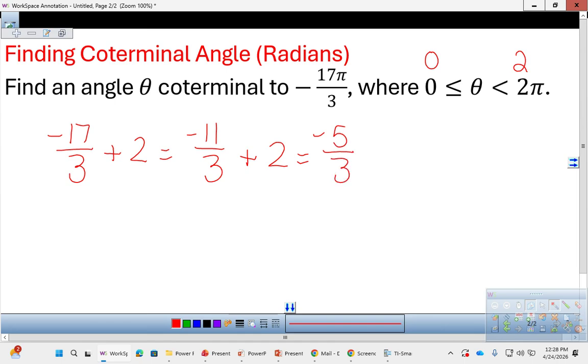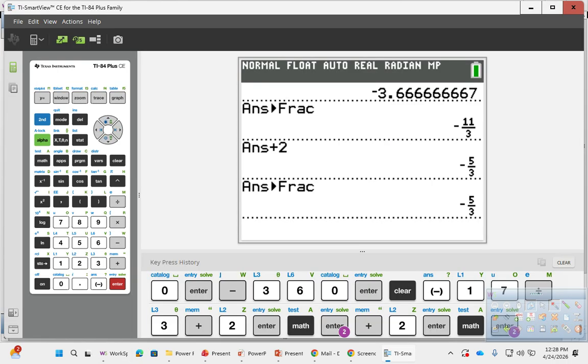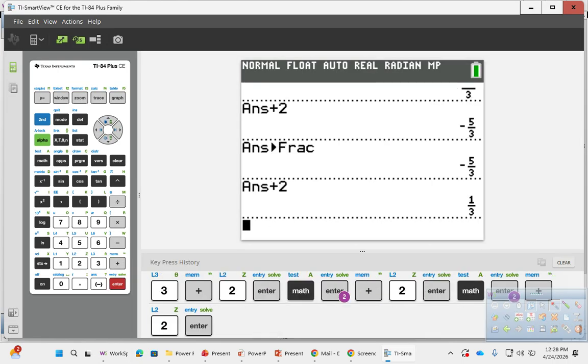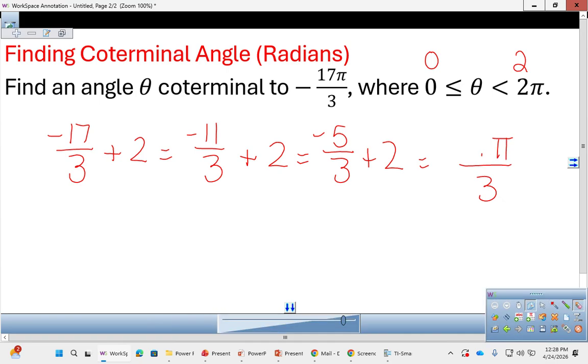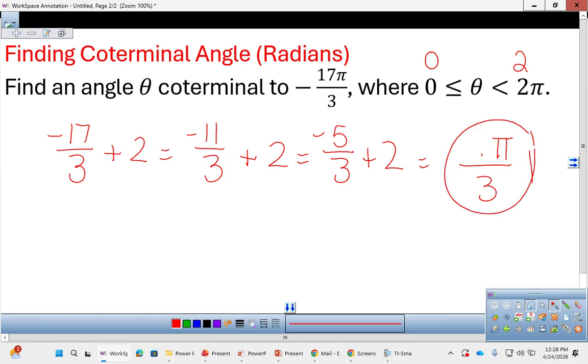And it's still negative. So I want to add another full rotation to that. So I'm going to add another 2. And now I'm finally positive at 1/3. And then I'm just going to remember that I took away the pi, so I'm bringing it back. And when I bring the pi back, I no longer have to write the 1 in front. So my answer for this one would be pi over 3 is the same angle as -17 pi over 3.